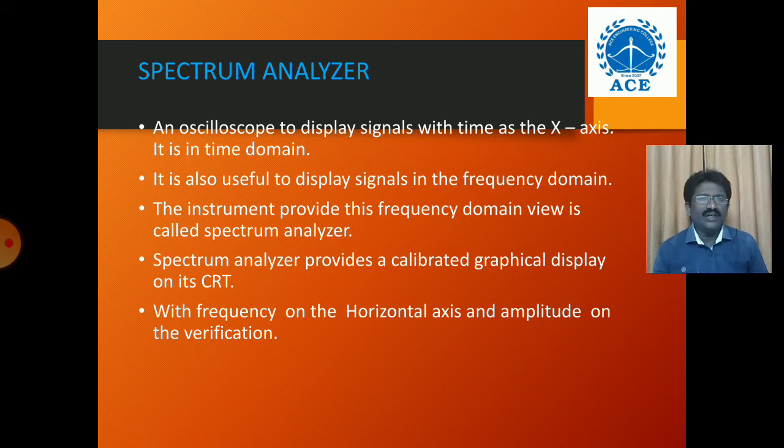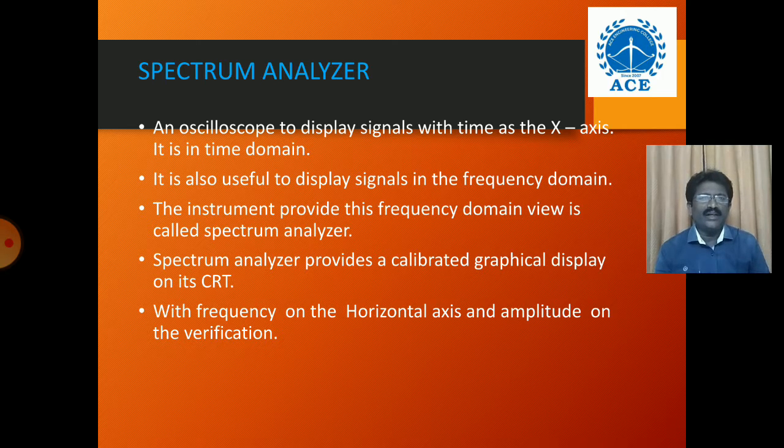So now with the help of the oscilloscope to display signals with time as the x-axis, it is in the time domain. It is also useful to display signals in the frequency domain. Now in that case, you have to take the help of the spectrum analyzer, because the instrument that provides this frequency domain is called the spectrum analyzer.